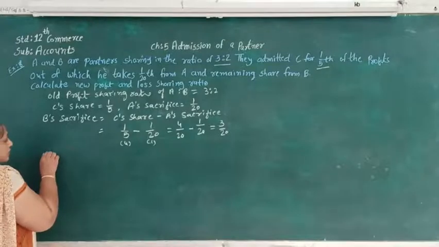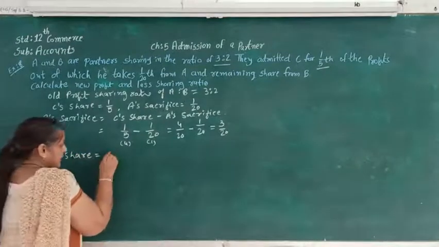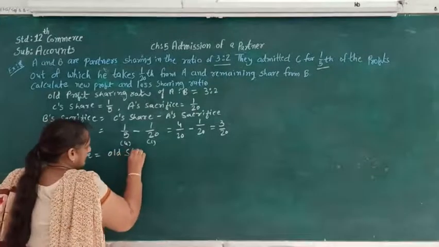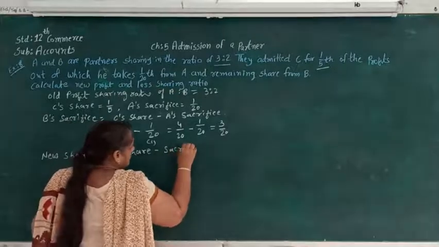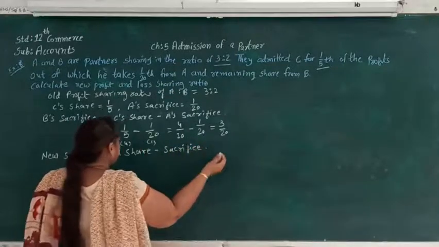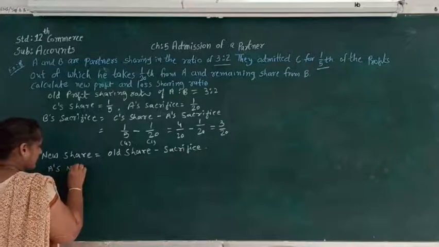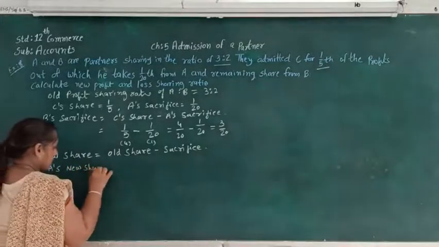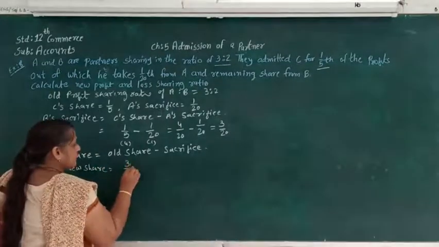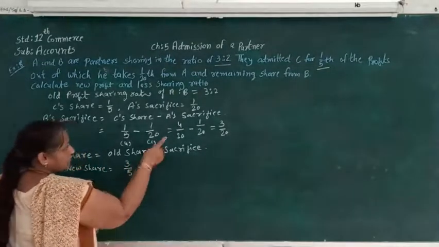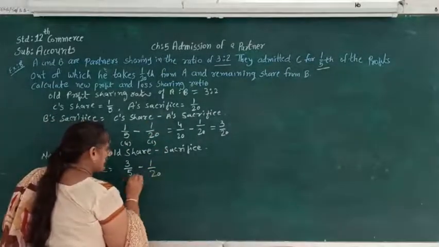New share is equal to old share minus sacrifice. So here A's new share is equal to A's old share, which is 3/5, minus A's sacrifice, which is 120.